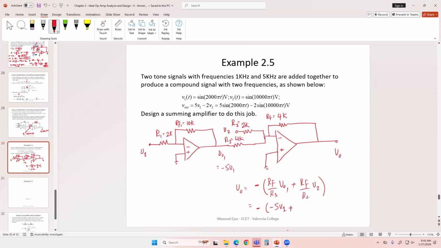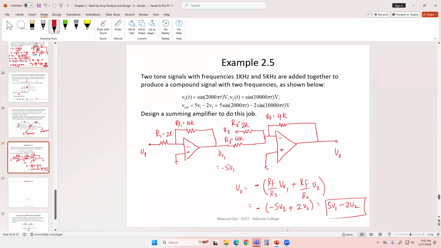And RF over R2 is going to give me 2, and V2 is, of course, V2, which will give me 5V1 minus 2V2. And that will give us our circuit.